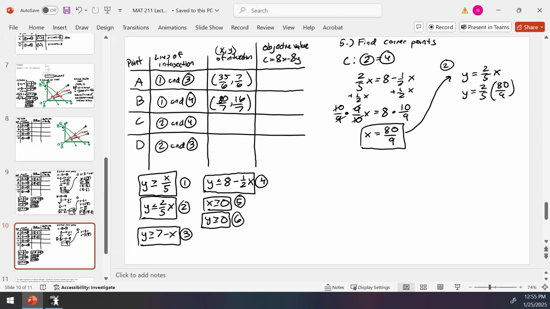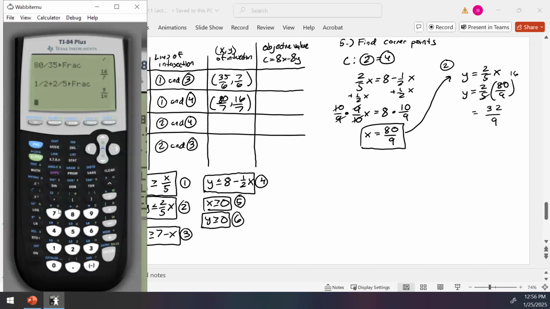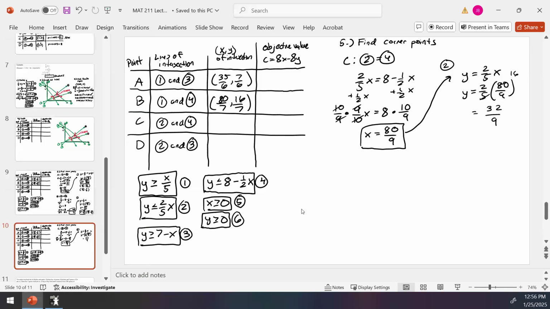So the 5 goes into the 80, would that be 16 times? And then so that's 5, and that becomes a 16. So then you get 32 over 9. So again, there's so many little arithmetic tricks that you can use, but it's kind of a personal preference at that point. And just to verify that that answer is correct before I move on, 32 over 9. Yep, we're good to go.